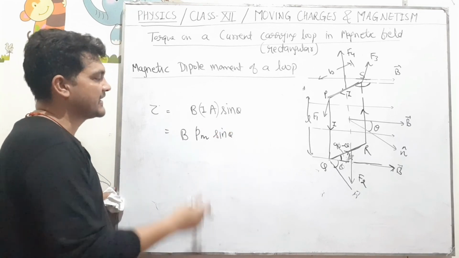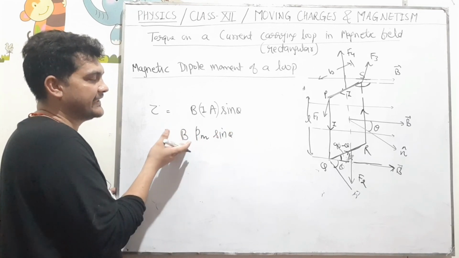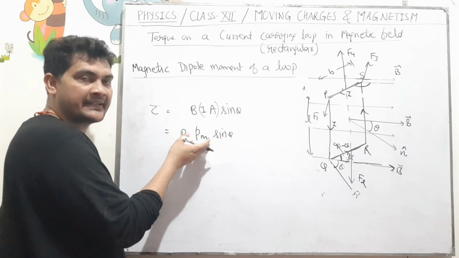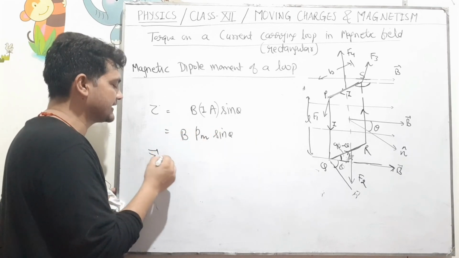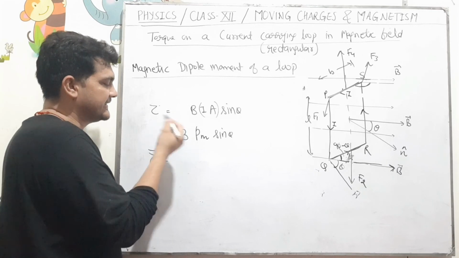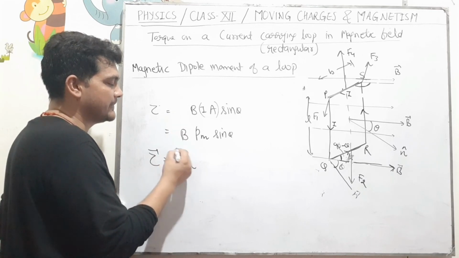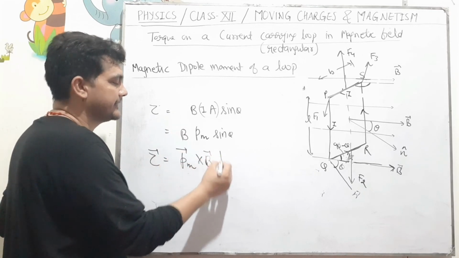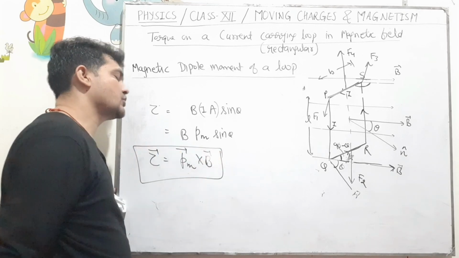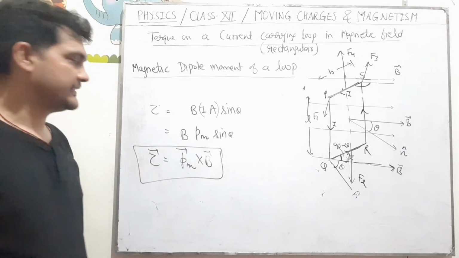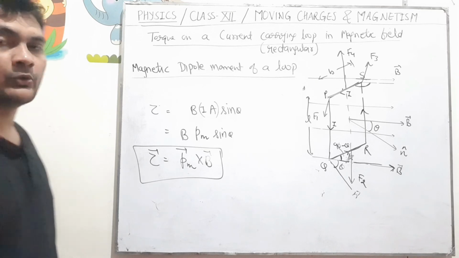Now we have two vectors, magnetic field and magnetic dipole moment, and sin theta. So if we see the torque in vector form, then it will be Pm cross B. It will be the dipole moment cross product with magnetic field. This is the vector form of torque on a current carrying loop.